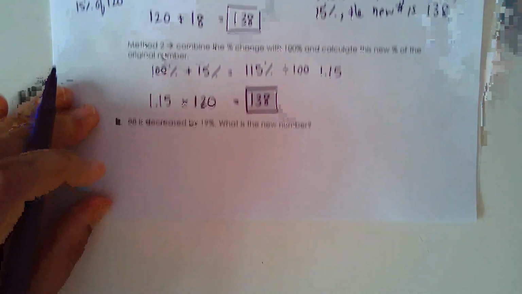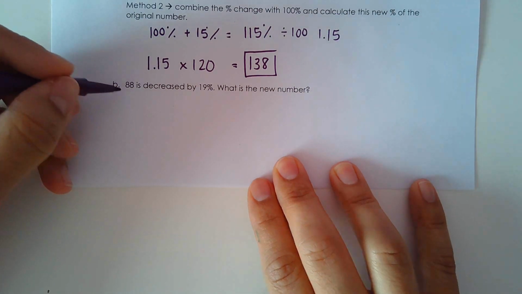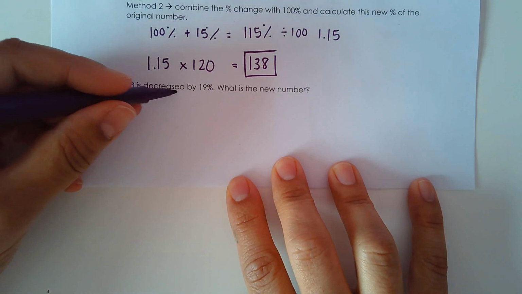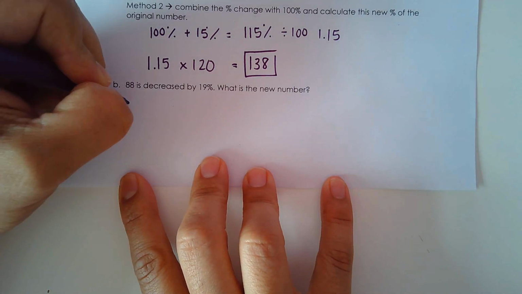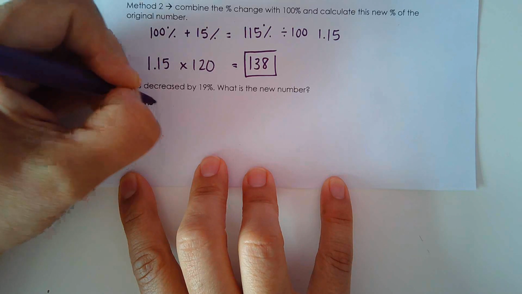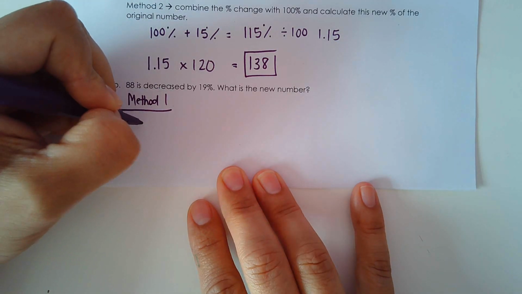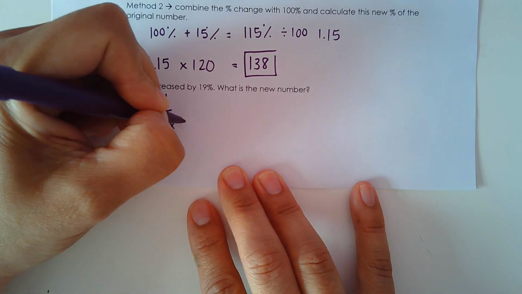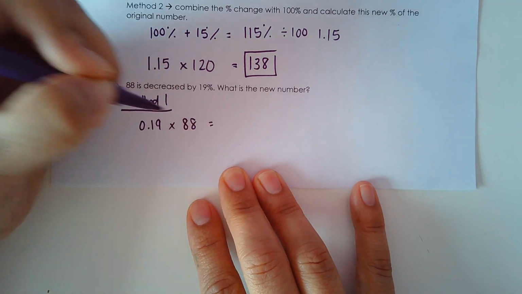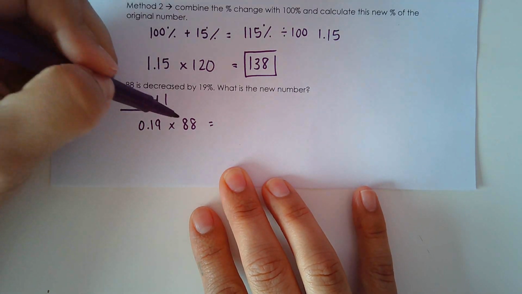Example B, I'll use both methods here as well. So 88 is decreased by 19%. What is the new number? So I'll do method 1 here. So we take 19%, turn it into a decimal, multiply it by 88 to find how much it's been decreased by.